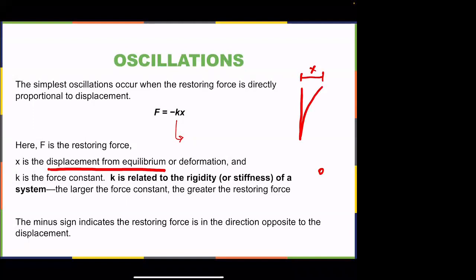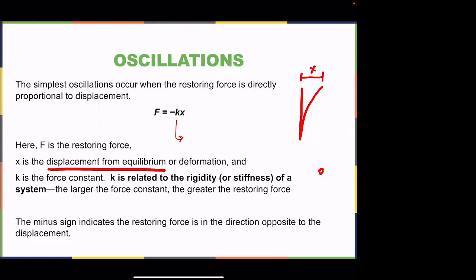K is the force constant, or how stiff the object is, how hard it is to get it to expand or extend. When we talked about springs, we called it the spring constant, how stiff, or the elasticity. It's the same idea.